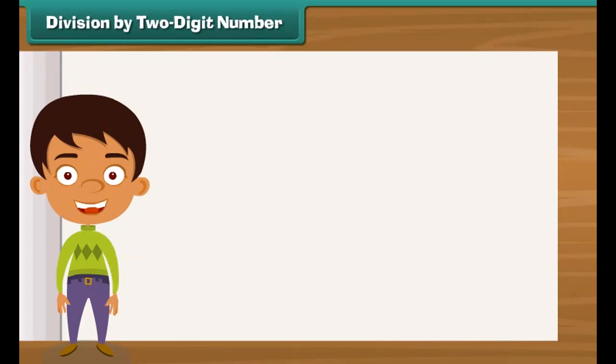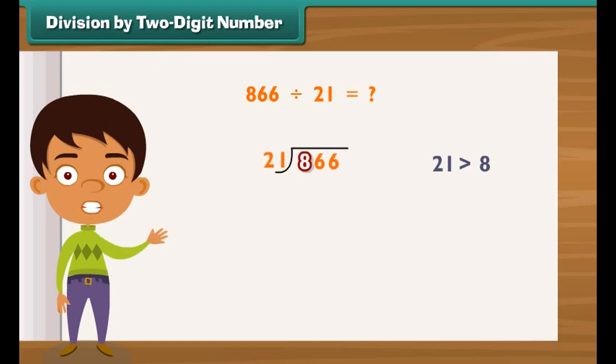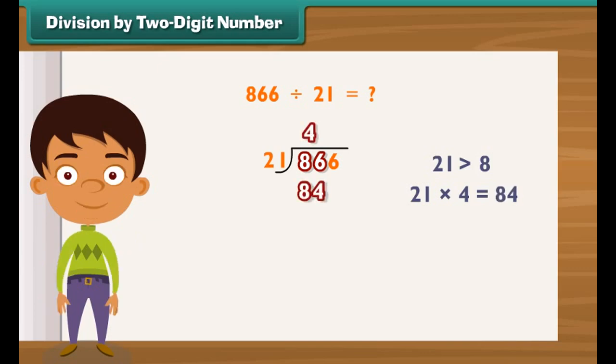Division by two-digit number. Divide 866 by 21. Since 8 is less than 21, divide 86 by 21. 21 into 4 is equal to 84. Write 4 above 866 and subtract 84 from 86 to get 2. Drag 6 down to form 26. Now divide 26 by 21. 21 into 1 is equal to 21.